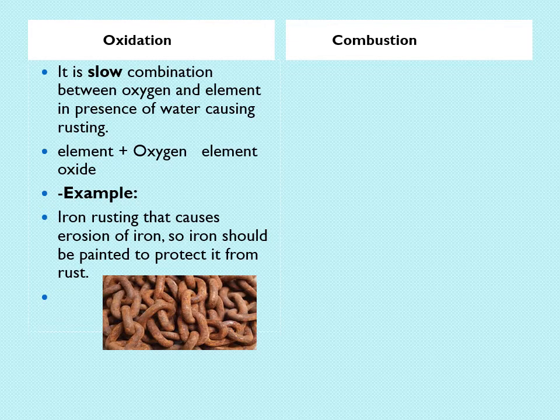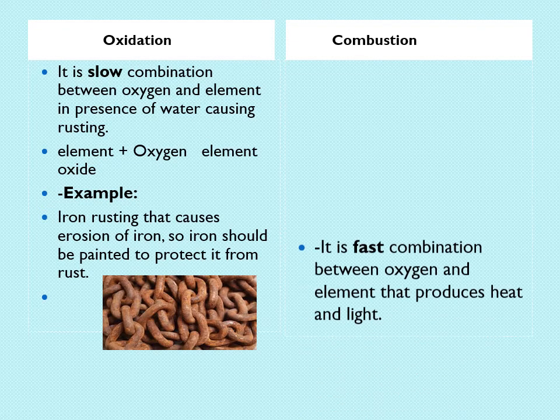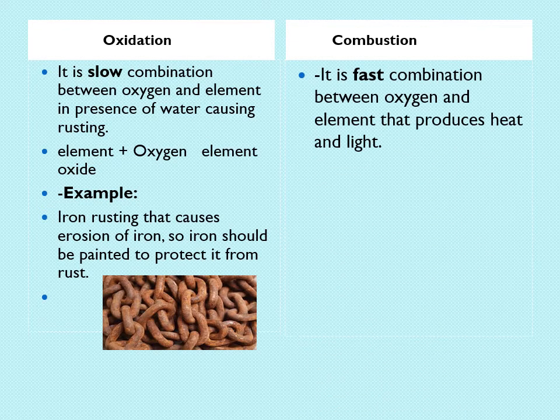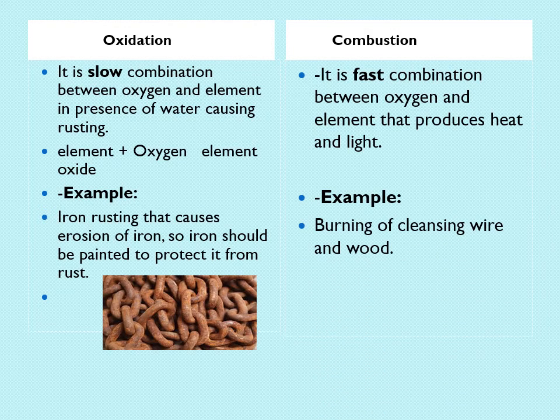Now, let's know about combustion. What is meant by combustion? Combustion is a fast combination between oxygen and the element that produces heat and light. An example is the burning of anything like cleansing wire, wood, paper. You will feel hot and you will see the light.